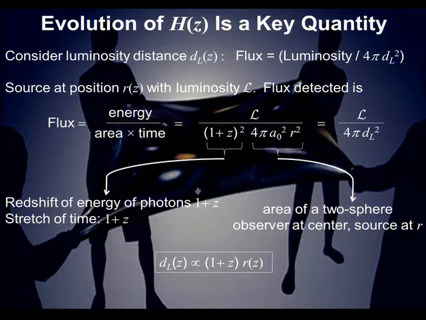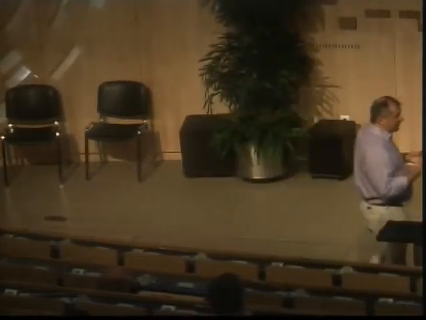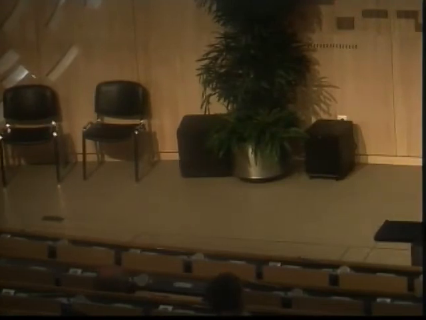If we point a telescope to some object, the energy flux that we receive is the luminosity of the object, how much energy per time it's putting out, divided by 4 pi dL squared, the luminosity distance. So the luminosity distance is defined analogously to the inverse square law in flat, non-expanding space.